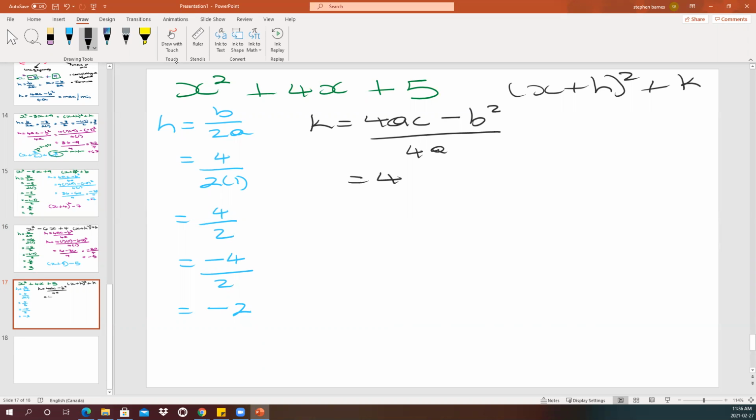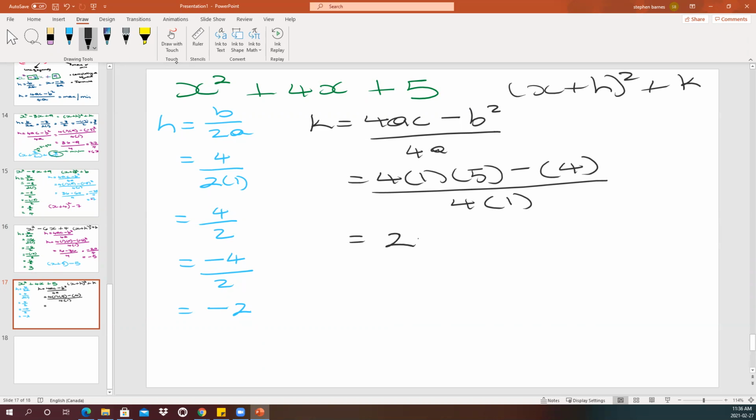So that is equal to 4, a is 1, c is positive 5, minus b squared, b is a positive 4, so 16, all over 4a. a is 1. 4 times 1 is 4, times 5 is 20. Minus 16. Minus 16 over 4. 20 minus 16 gives you 4 over 4. So that gives you 1.